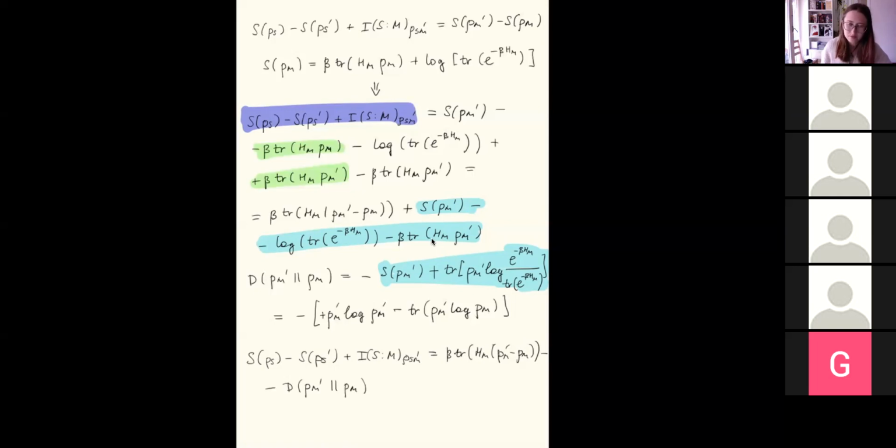Okay, and here we already can see that this is exactly the equality that we wanted to prove in our theorem. To see so, we just group the components corresponding to the change of energy of the machine and change of the entropy of the system on one side, and then mutual information and relative entropy on the other side.